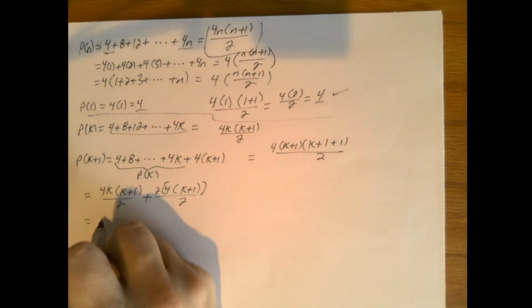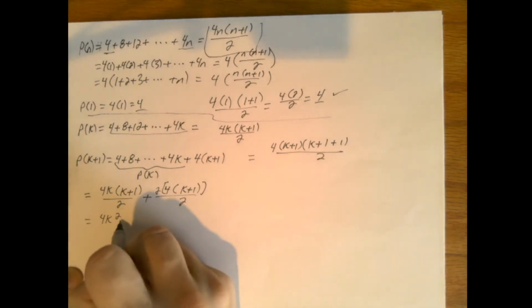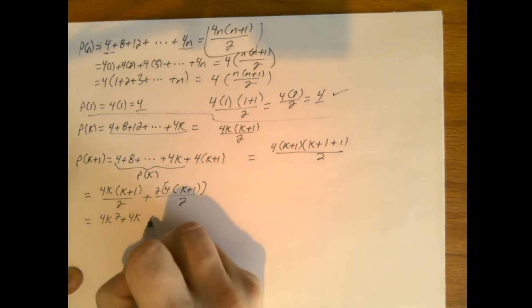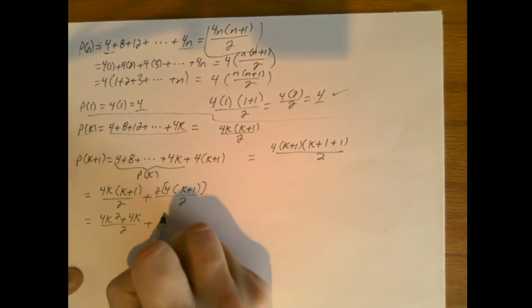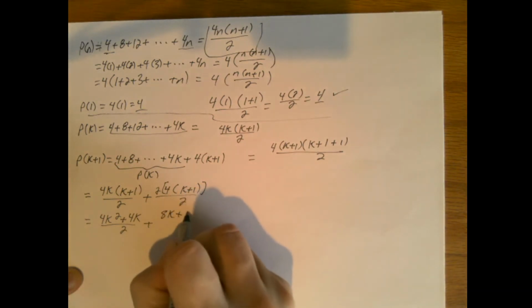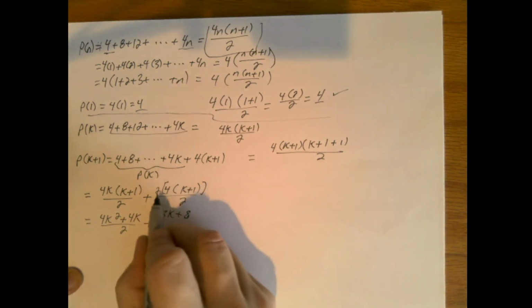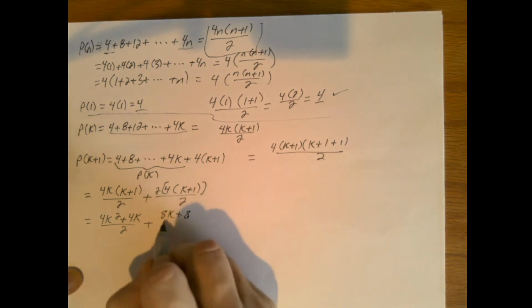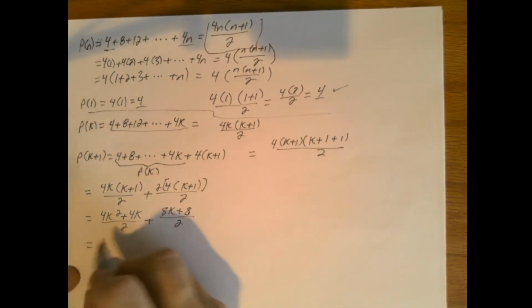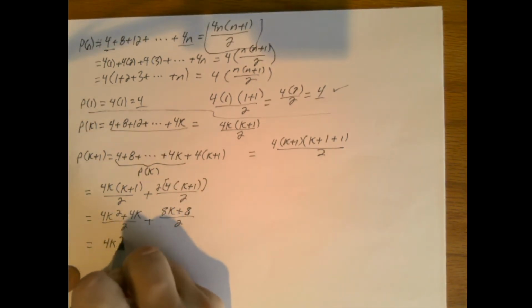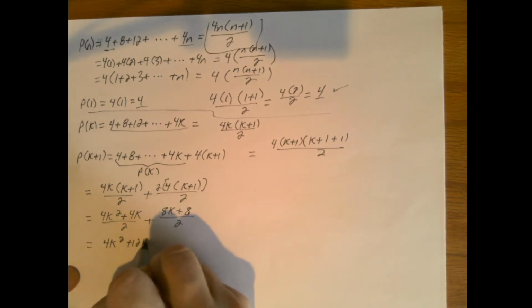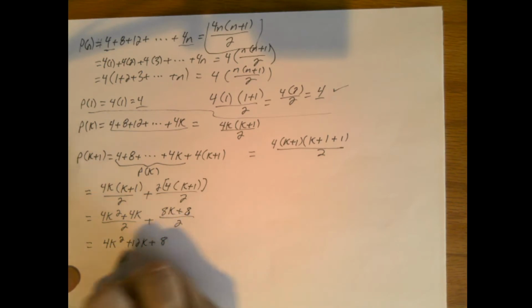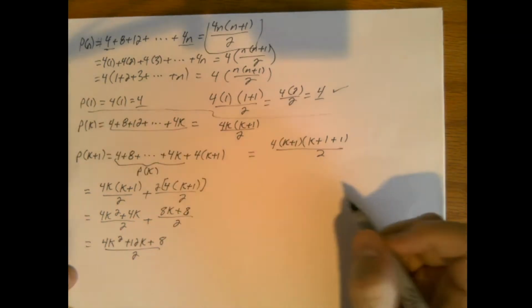So this is equal to 4k squared plus 4k over 2 plus 8k plus 8, because 2 times 4 would be 8. And so this is equal to 4k squared. I have a 4k and 8k is 12k plus 8. I'll divide by 2.